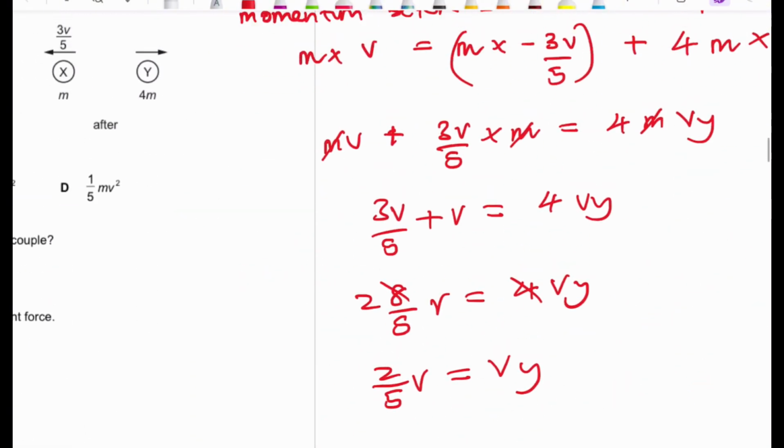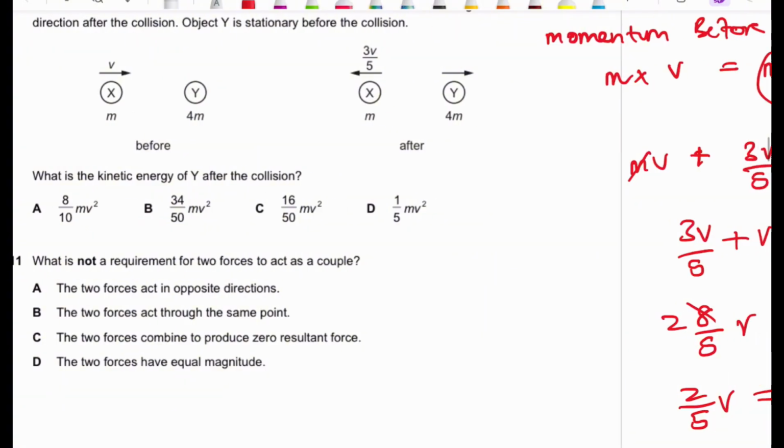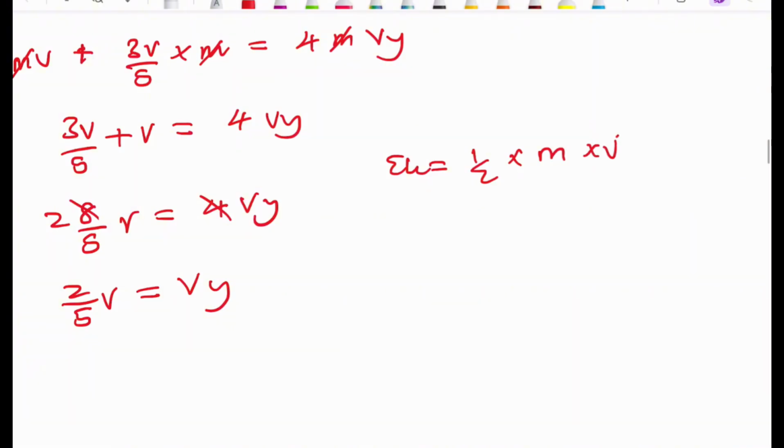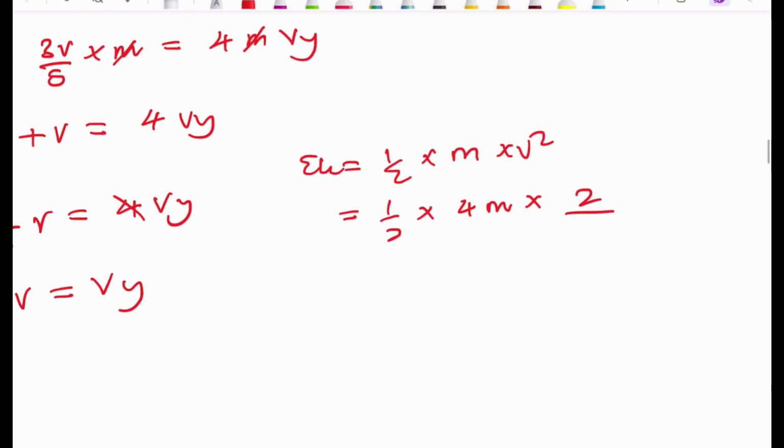But the question asks me to find the kinetic energy of y after the collision. I know that the kinetic energy is 1/2 multiplied by m multiplied by velocity squared. So it's 1/2, the mass is 4m, and the velocity squared is 2 over 5 v squared.